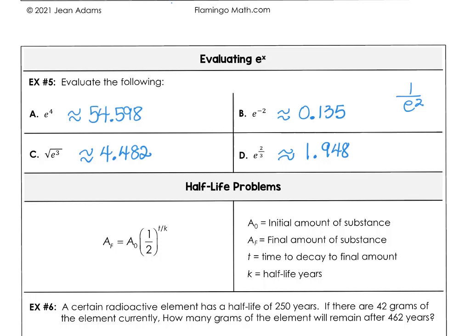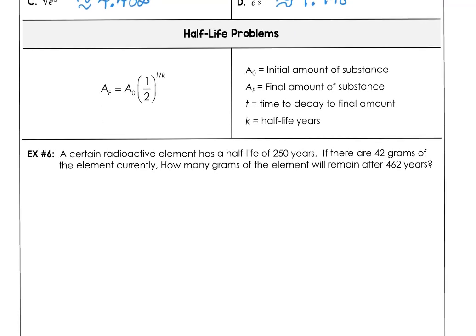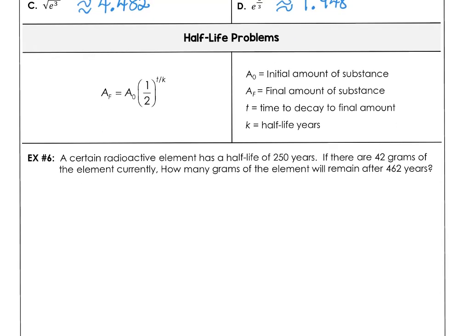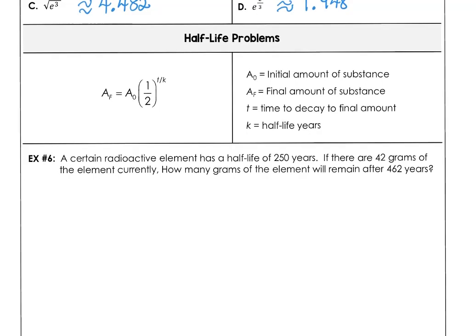Then our very last example is, no, we got 2 more examples, I'm sorry. In this, the half-life problem, here's where our formula from the first page of notes, where each variable is defined. And we want to use this equation, our half-life equation formula. We have a certain radioactive element has a half-life of 250 years.